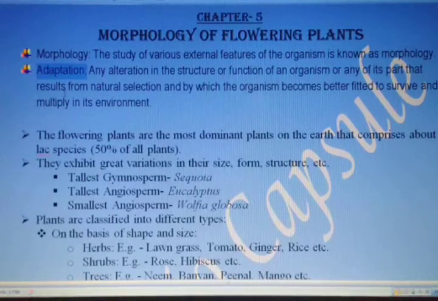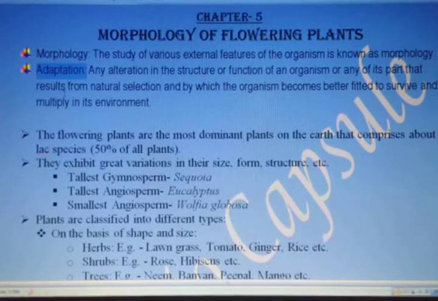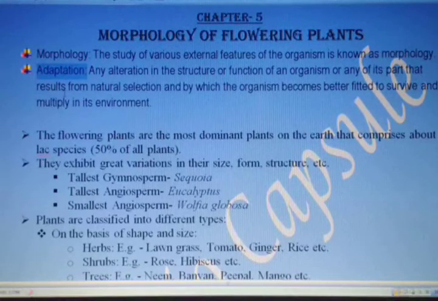Our dress and the type of food that we eat change when winter comes, or summer or monsoon season. Based on the changes in season and environment, we change ourselves in terms of food and clothing. So here we are talking about adaptation in plants.